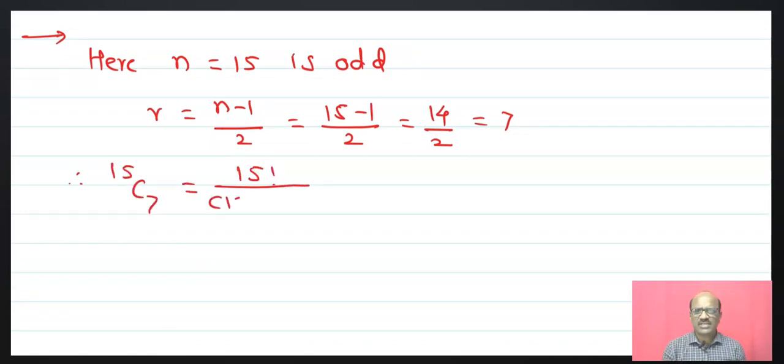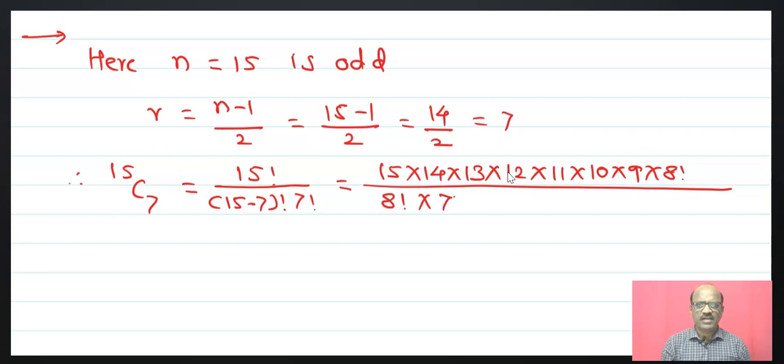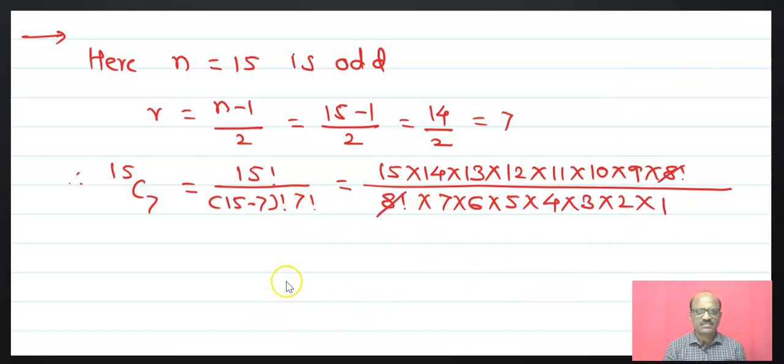Therefore, r is equals to 7. Now, therefore, the 15C7 is equals to, reduce up to the 8 factorial, because denominator has also 8 factorial, then we can cancel it. And now this 7 factorial can be written like this.